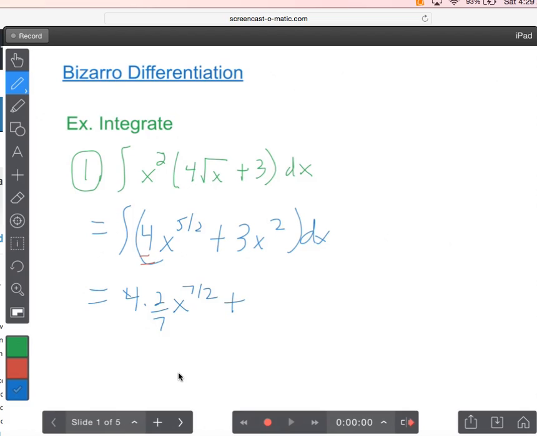And then the antiderivative of 3x squared, again, the 3 will just get carried through to the antiderivative. And then the antiderivative of x squared would be x cubed over 3, which is the same thing as 1/3 x cubed. And then don't forget the plus c on the end.